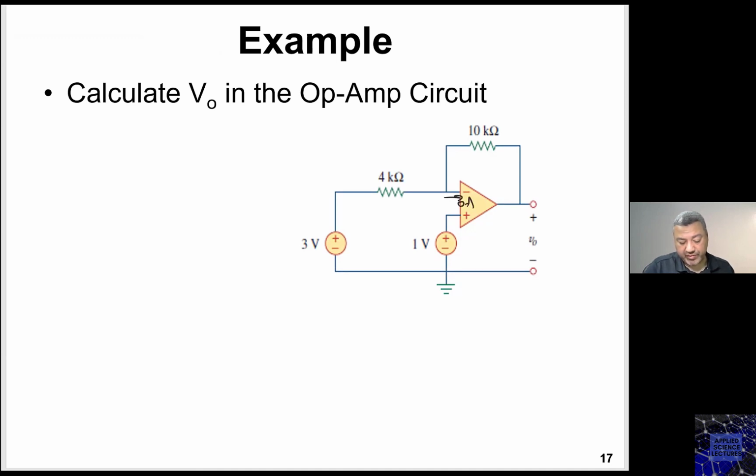There is no current into the op amp. If I call this one I1 and this one I2, then I1 equals I2 equals 0, and V minus equals V plus.